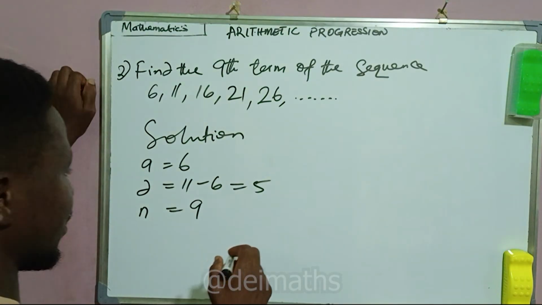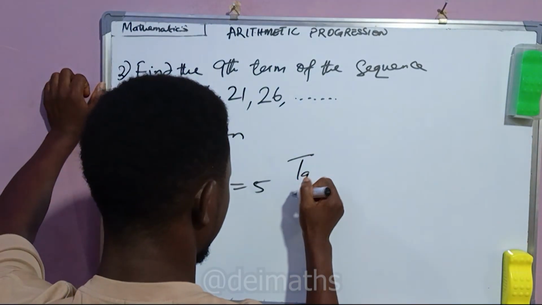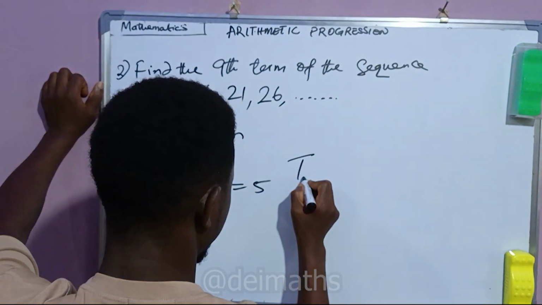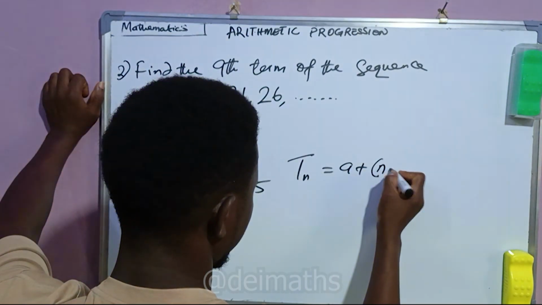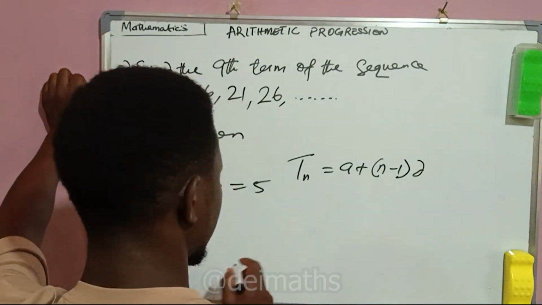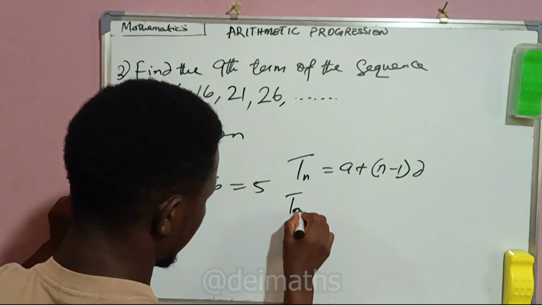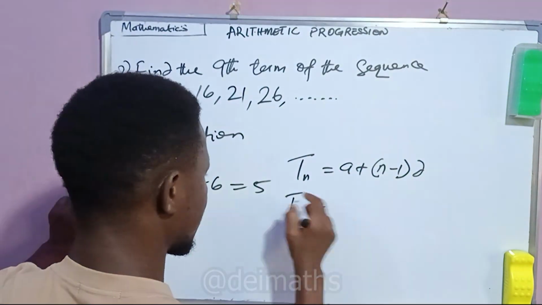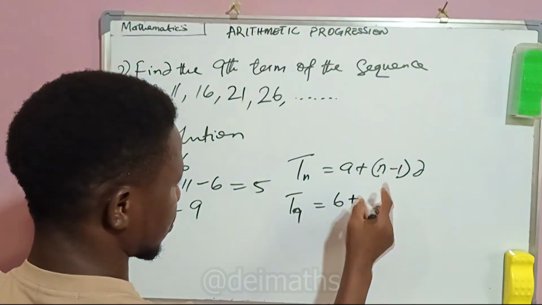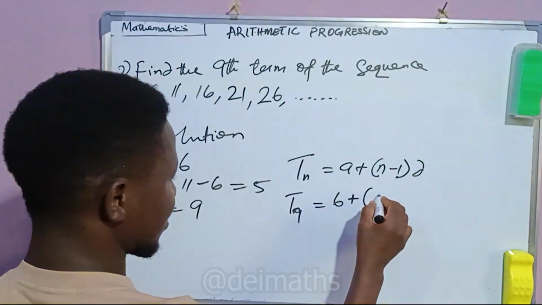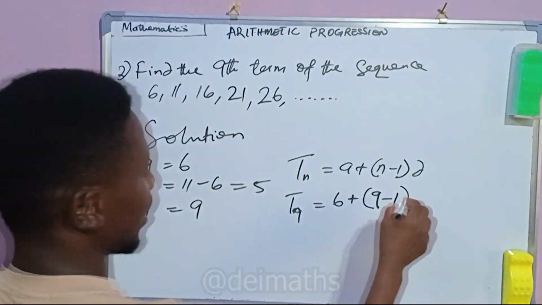So we bring our formula. Sorry, let's just put the formula as it is supposed to be. Tn is equal to A plus bracket n minus 1, D. Now we have our n as 9, we are looking for T9, equal to, our A is 6, plus bracket, our n is 9 minus 1, our D is 5.